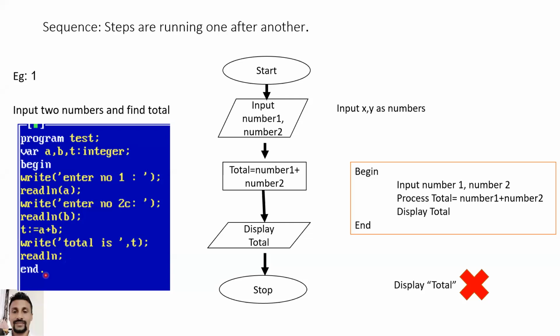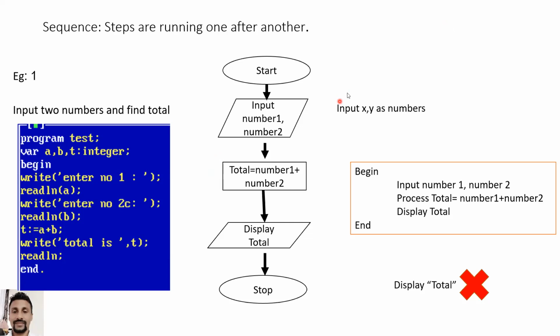Then you have to put the word end with the dot. You have to end the program, right? So this is the Pascal program to get two numbers, add them and display the total. With this readln we are not reading anything, we are not taking anything, but I am using readln to hold the screen.